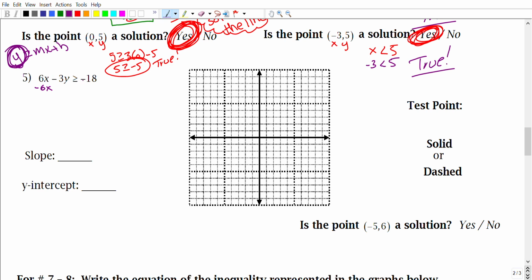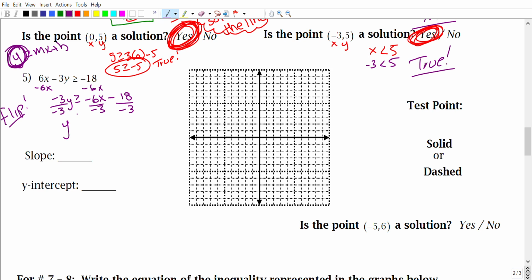So let's get rid of that 6x. Okay. And now I want to divide by negative 3. But remember, what's that special rule with inequalities and multiplying and dividing by a negative number? We have to flip.